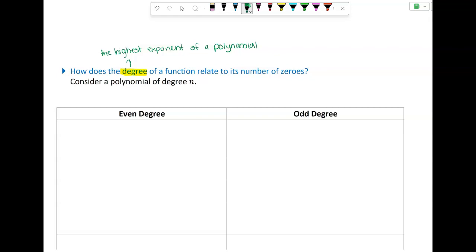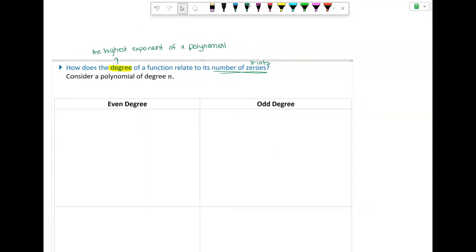That's going to influence the number of zeros or x-intercepts there are. We're going to look at this again in the two different categories of polynomials: the even degrees, like 0, 2, 4, 6, etc., and the odd ones, which are 1, 3, 5, etc.